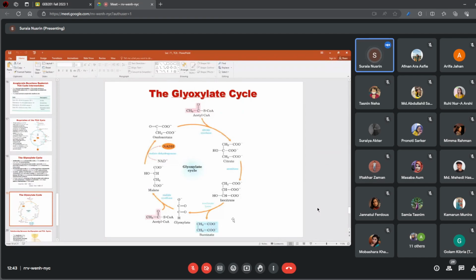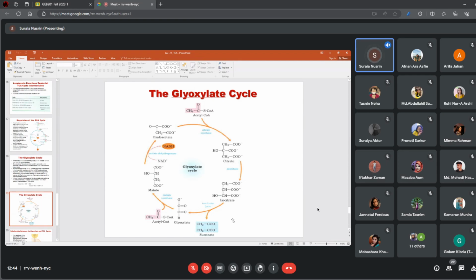Succinate is a 4 carbon compound, and we know it is also an intermediate of the TCA cycle, so succinate can easily enter the TCA cycle. That means the organisms which have this cycle are replenishing the TCA cycle by this pathway.